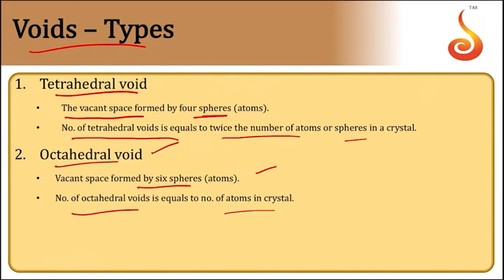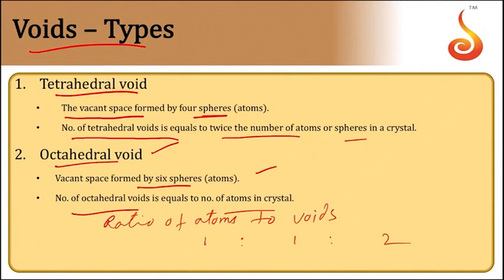Now when you take the ratio of atoms to voids, the ratio will be say 1:2 we have.